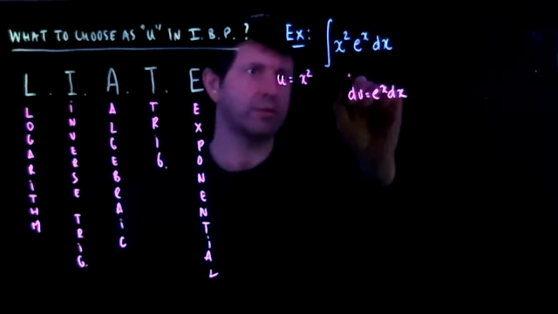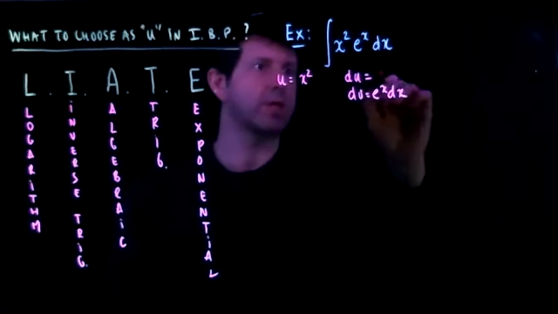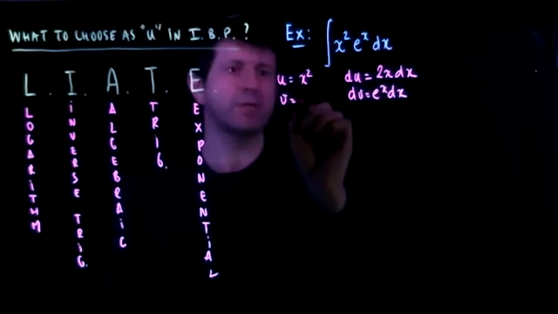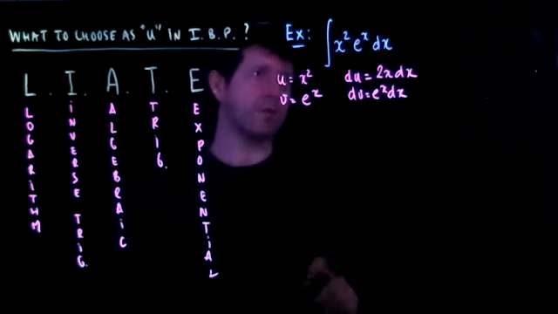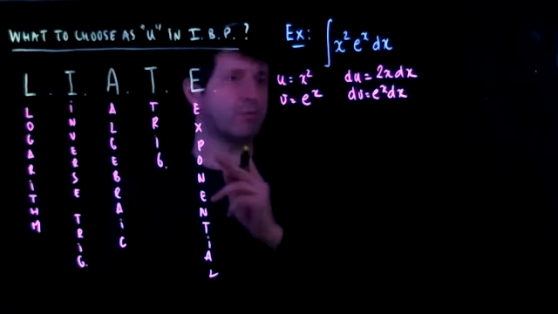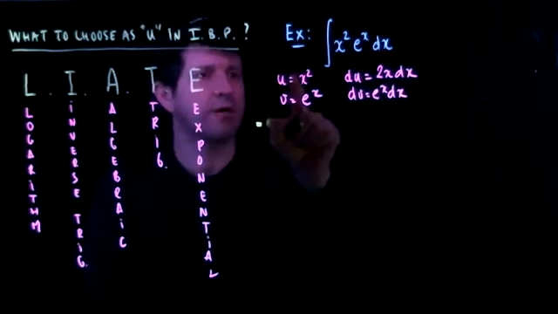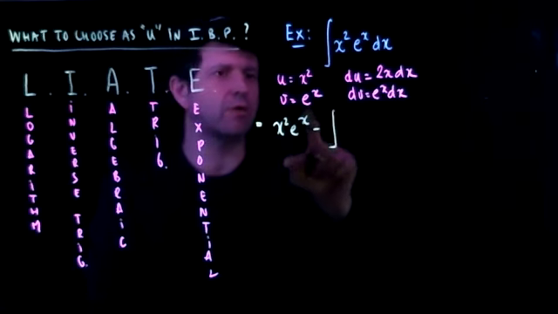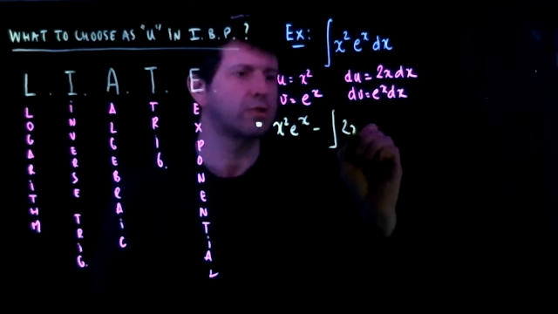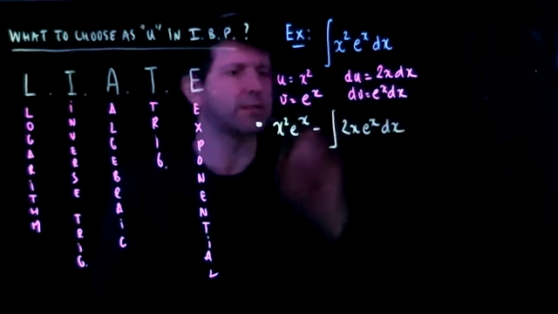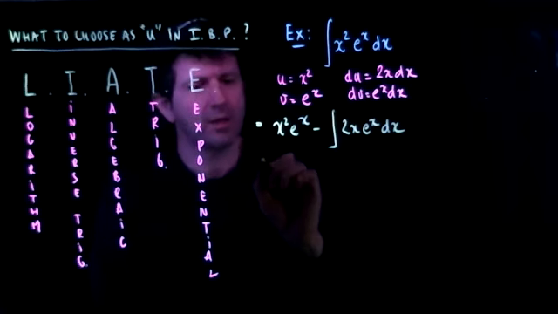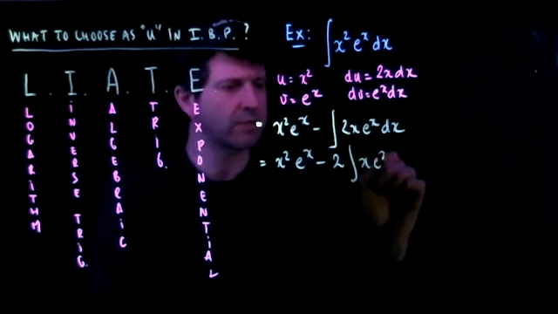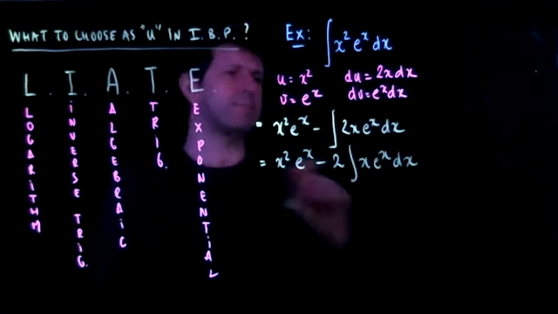From u I'm going to get du, so du is 2x dx, and from dv I get v, which is just e to the x. This is exactly what we did before. So I have uv, x squared e to the x, minus the integral of v du, which is 2x e to the x dx. And that is x squared e to the x minus 2 times the integral of x e to the x dx. Is that okay?